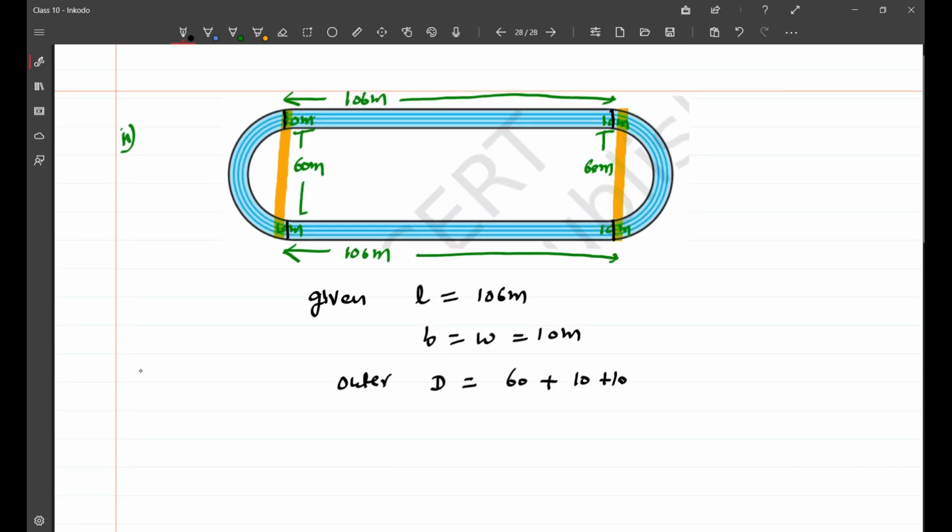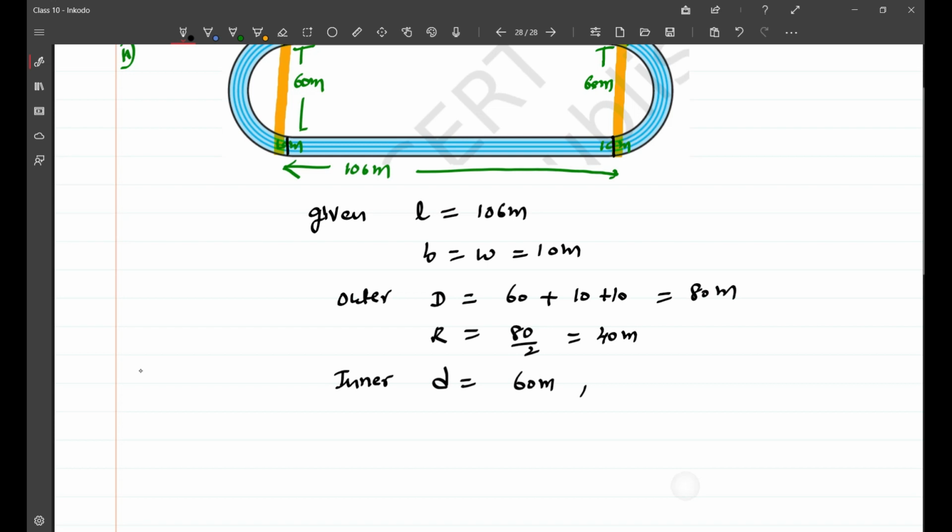Width should be added above and below because the width of the track is 10 meter, equals 80 meter. Therefore outer radius is equal to 80 by 2, that is 40 meter. Now I will write inner diameter is 60 meter, so inner radius will be 60 by 2, nothing but 30 meter.